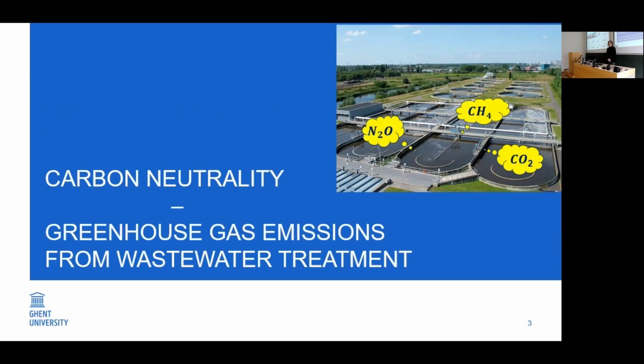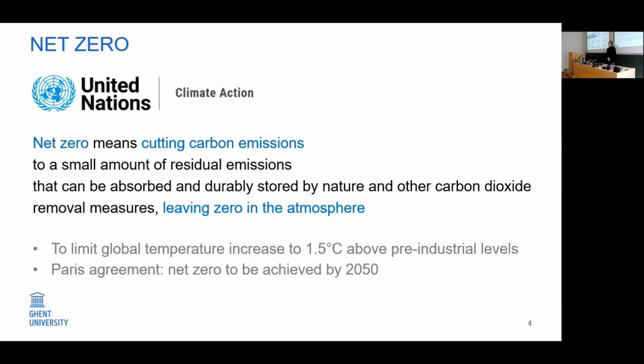First, let's talk about carbon neutrality, and more specifically about greenhouse gas emissions from wastewater treatment. A concept that you have heard is net zero. It was defined by the United Nations, and it means that we want to cut carbon emissions to a small amount of residual emissions that can be absorbed and durably stored by nature and other carbon dioxide removal measures, such that we have zero left in the atmosphere.